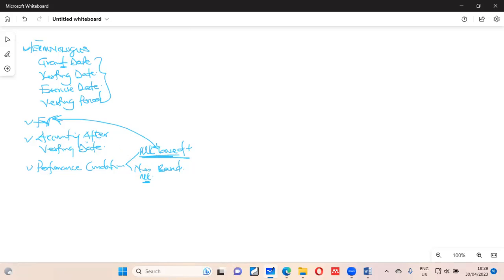Then back to the accounting after the vesting date. Even if the market conditions are met or not, there is no further adjustment made on the total equity. What will happen is that the entity may transfer any balance from the OCE of the equity to the retained earnings.